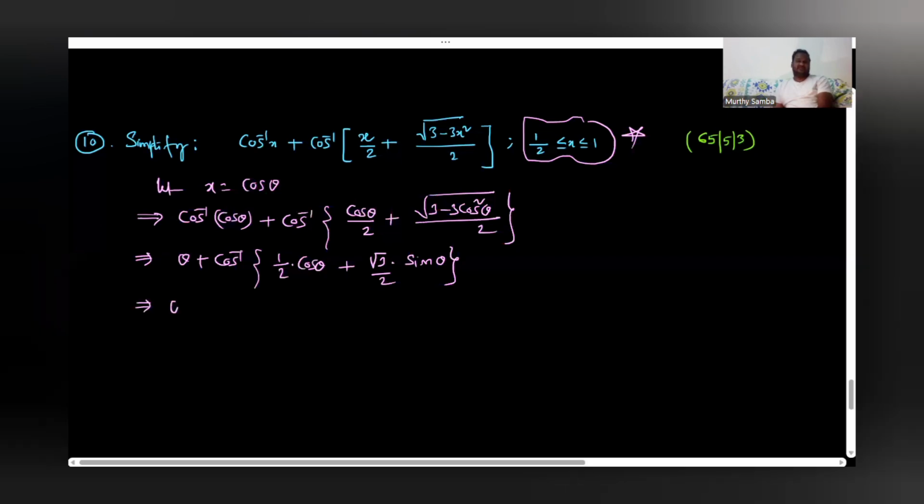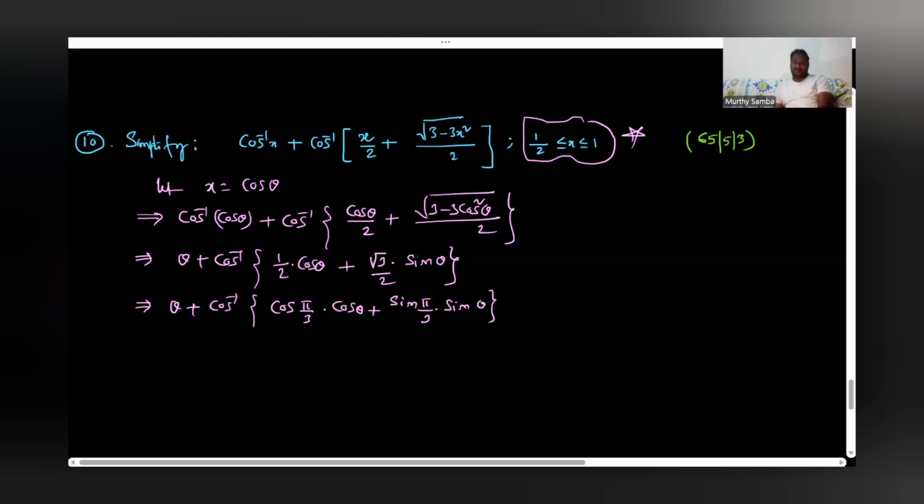So you can write this as theta plus cos inverse of, it is 1 by 2, right? 1 by 2 is cos how much? Cos 60 is equal to 1 by 2, correct? 60 means pi by 3, into cos theta plus this is going to be sine 60, so sine 60 into sine theta. This is basically which formula?